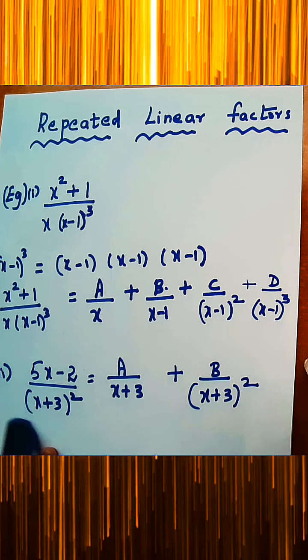It is a proper fraction, right? The numerator power is 1, and in x plus 3 the whole square, the power of x will be 2. So the numerator power is less than the degree of the denominator, so it is a proper fraction. You can have a look at how I have written it in terms of partial fractions.